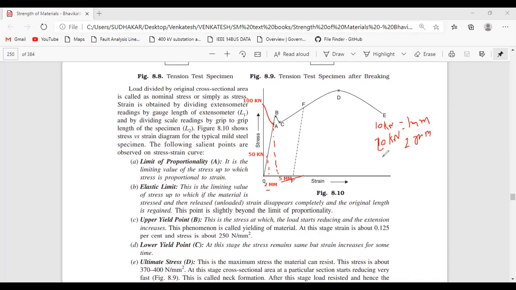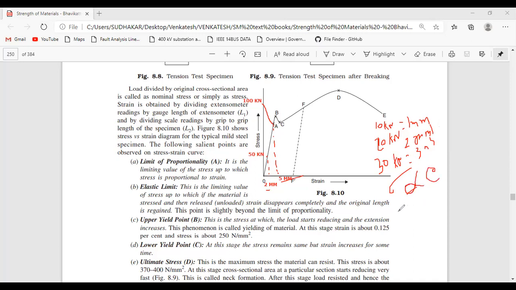In the case of 30 kilonewtons, it is 3 mm. For 40 kilonewtons, likewise, for every 10 kilonewtons increase we get only 1 mm deflection. So the stress is directly proportional to the strain.